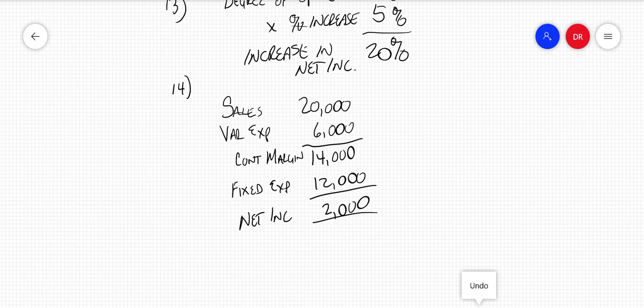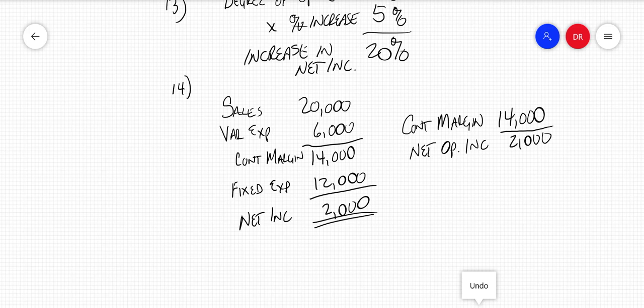But now what changes is the actual degree of operating leverage, because we're going to take the contribution margin of $14,000 and divide it by net operating income, $2,000. That gives us a degree of operating leverage of 7.0.